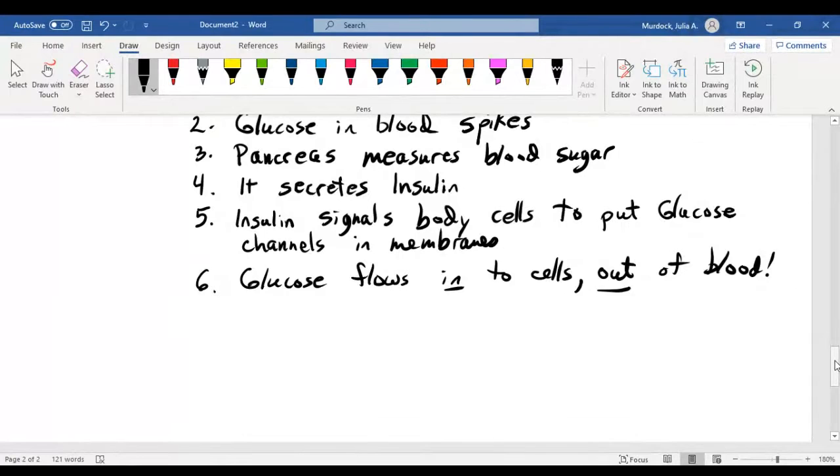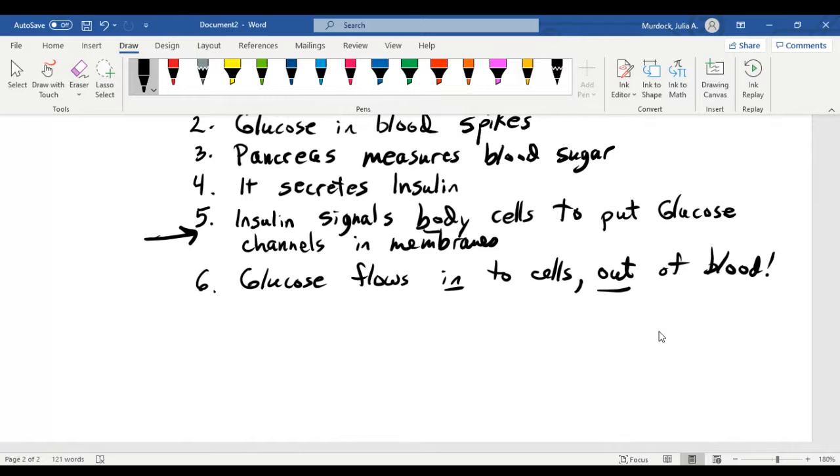So with the diabetic type 1, I'm not a type 1, I'm a type 2. A type 2 person, the problem is the receiving of the signal. This is my problem right here. I make plenty of insulin. Type 2 diabetics make a lot of insulin. That's not the problem.